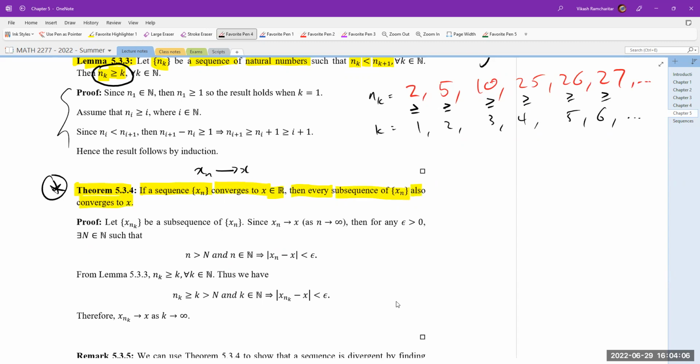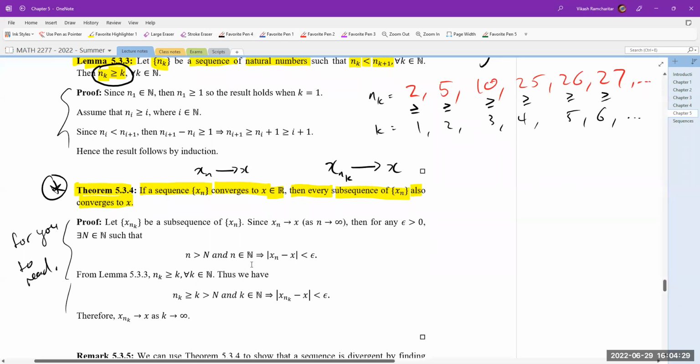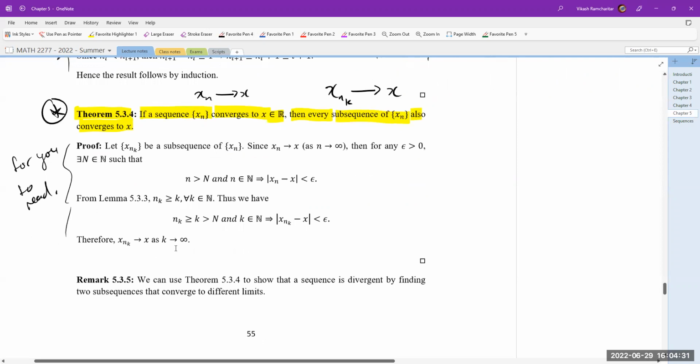It's saying if your sequence converges to some value, then any subsequence of it is also going to converge to x. I'll leave you all to go through the proof. It's not a difficult proof to go through. It uses the lemma above. So that proof you can read later.